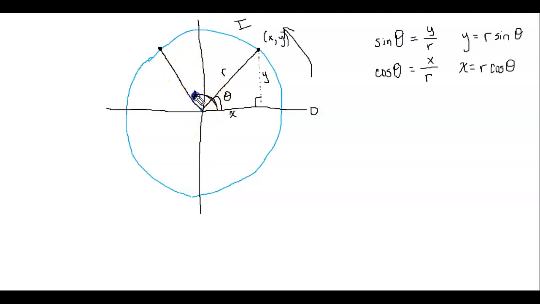But when it comes to sine and cosine and tangent, we have to have a right triangle. So just like we did over here where we dropped a vertical line down to the x-axis, that's what we do on this side as well. So even though this is the angle that we're finding the sine or the cosine or the tangent of, it's really this right triangle that we're dealing with as far as opposite and adjacent and hypotenuse.